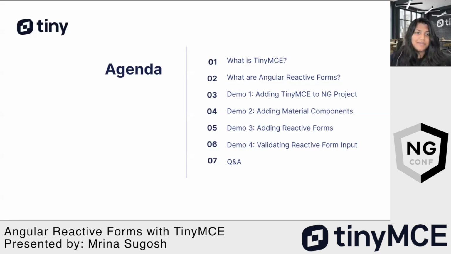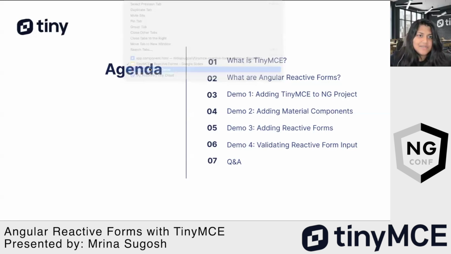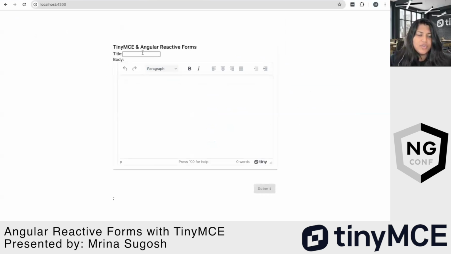All of that sounds good, but what did I mean by reactive forms? So I have something running locally just to show you what it is. It's basically, at the end of the day, we're going to have some sort of form and you have to type in, this is a title. You have to type in a piece of content over here, and then you can have the ability for that piece of content, as you noticed, that submit button to become validated.